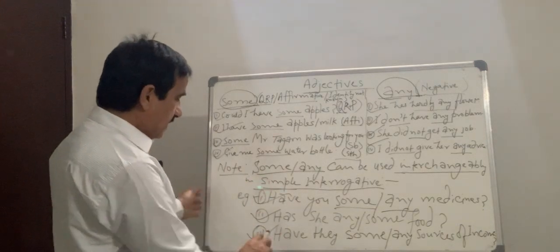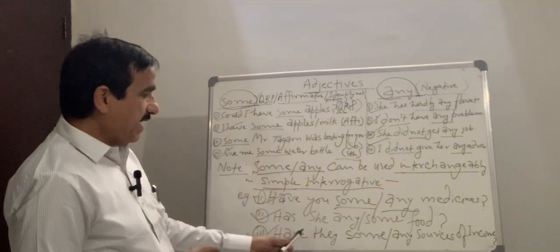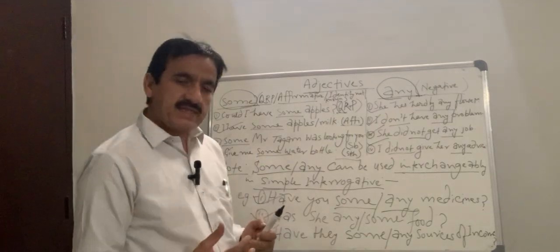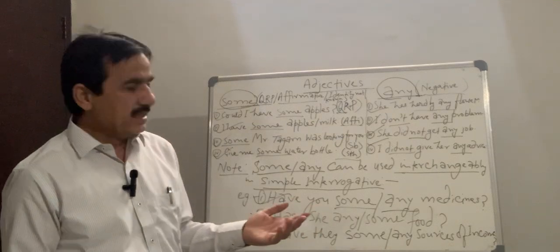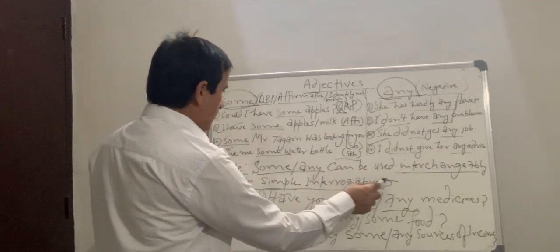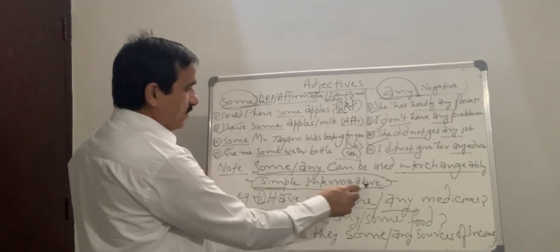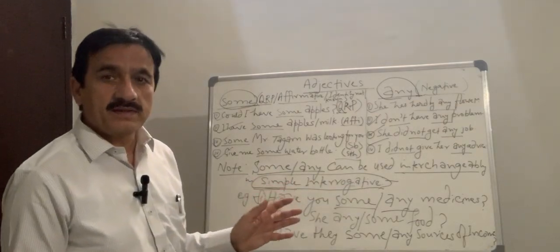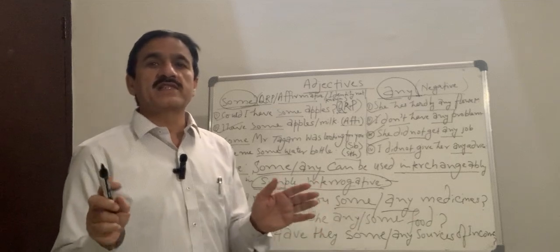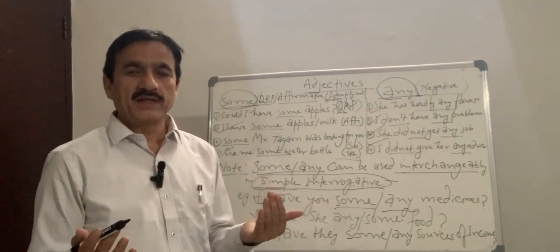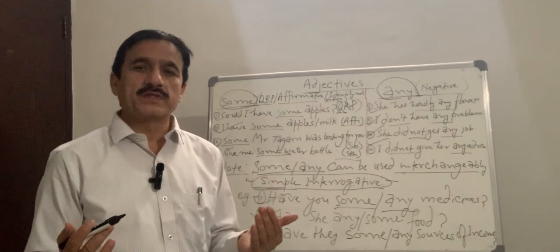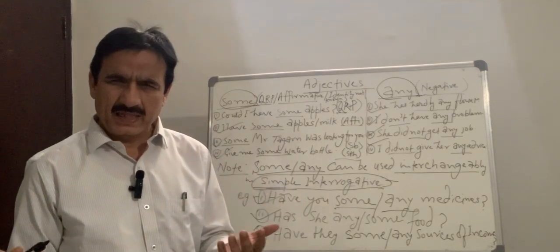Look at example 3 of this kind. Have they some sources of income? Have they any sources of income? That's correct. So this is the situation when a sentence is a simple interrogative, that is, a simple question. You can use some or any. Either of the two can be used and it will be grammatically correct.